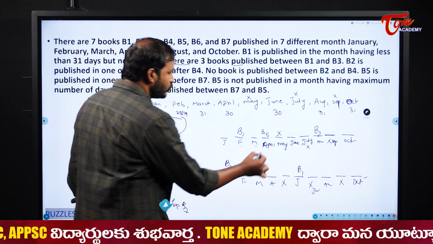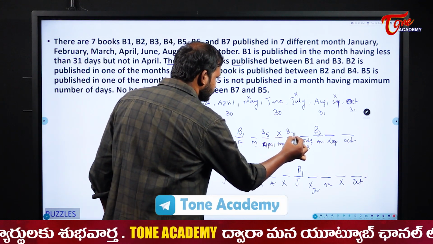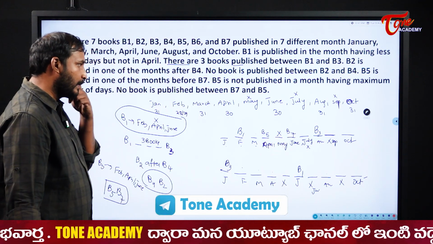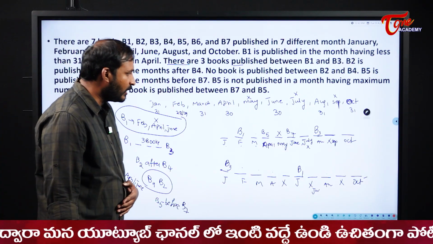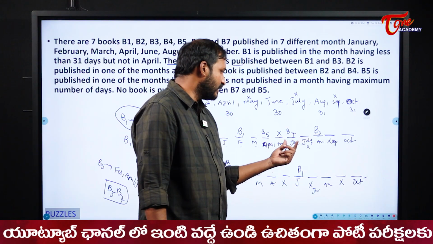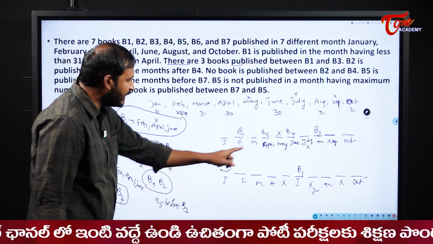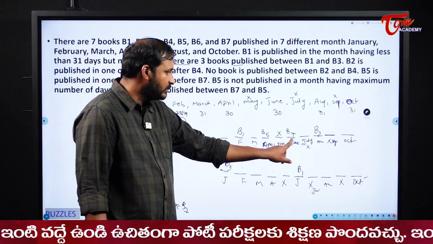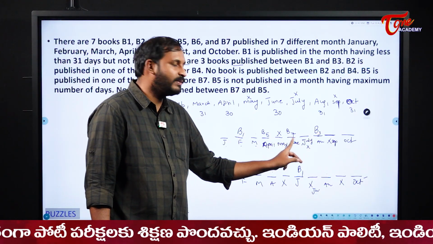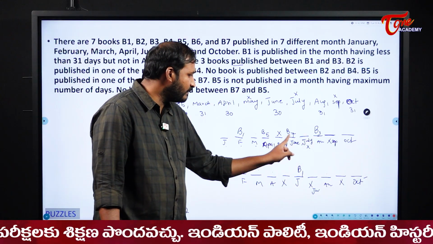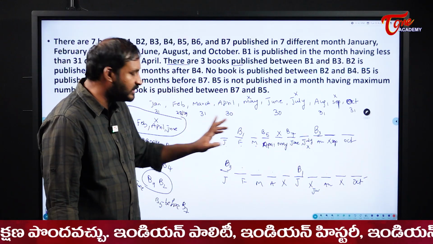B7 will go to June. That is a possibility, right? Why am I not taking B5 in June? If I take B5 in June, I cannot place B7 here, because there should be no book between B5 and B7. So this is the possibility in this logic.